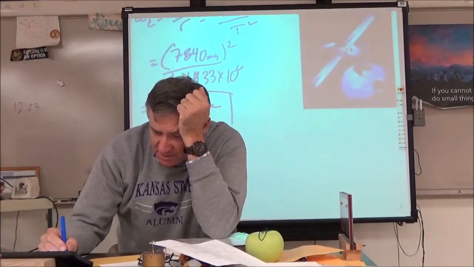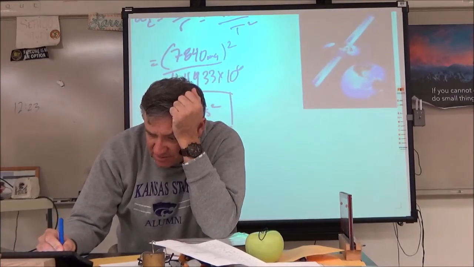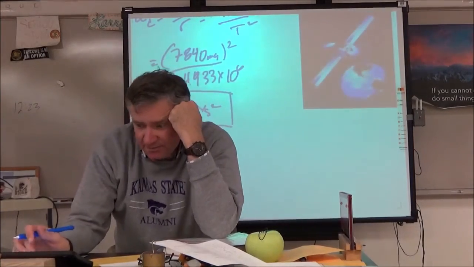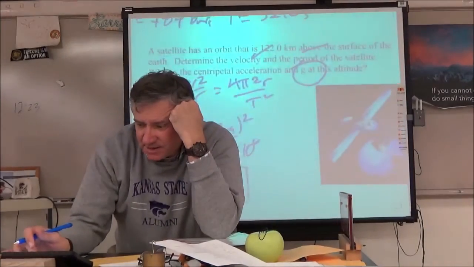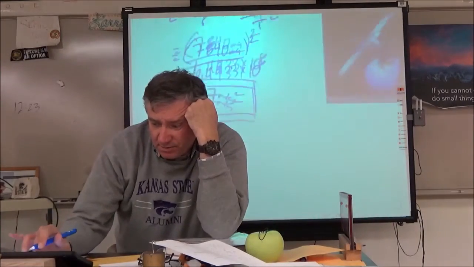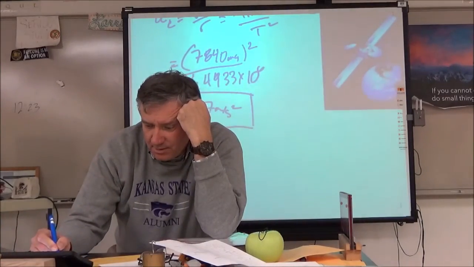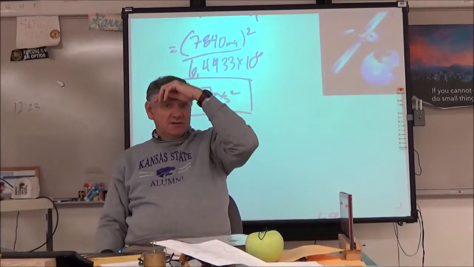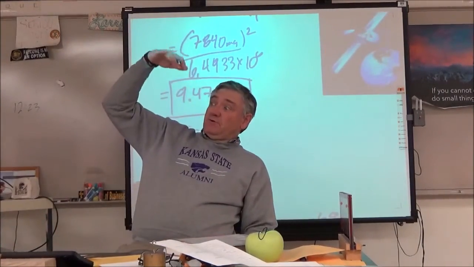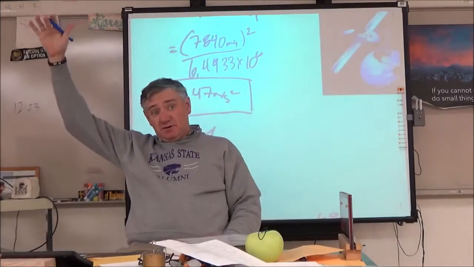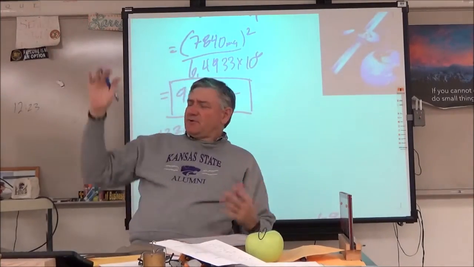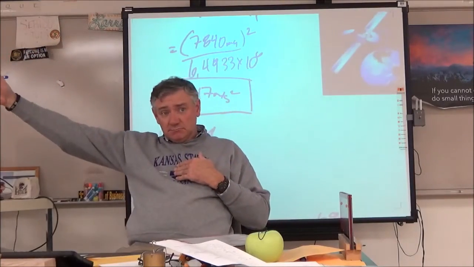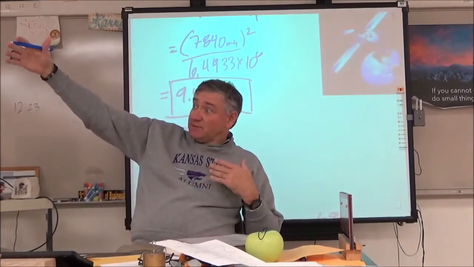Imagine here's the Earth, and we're going to build this really tall tower that is 122 kilometers tall. That's roughly about 50 miles. If you've driven the turnpike going up to Kansas City, that would be about from here to Cassidy.